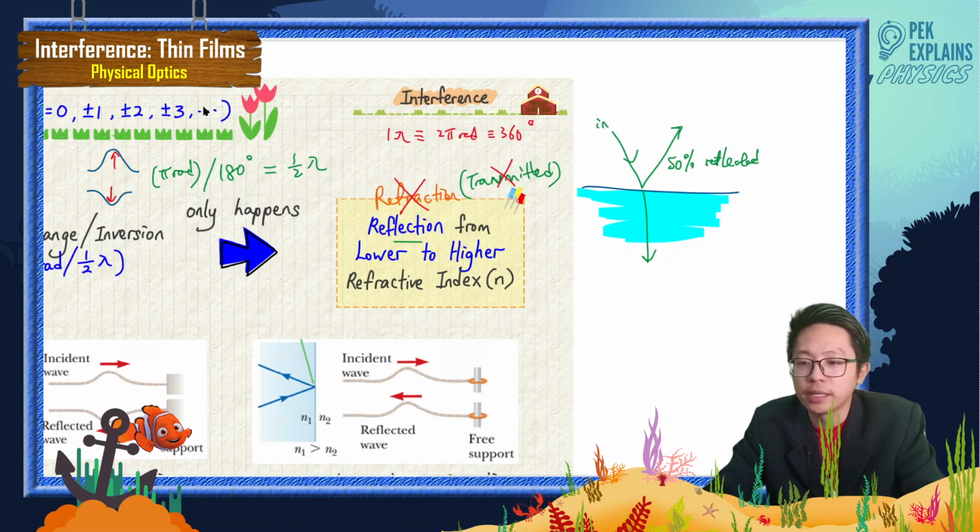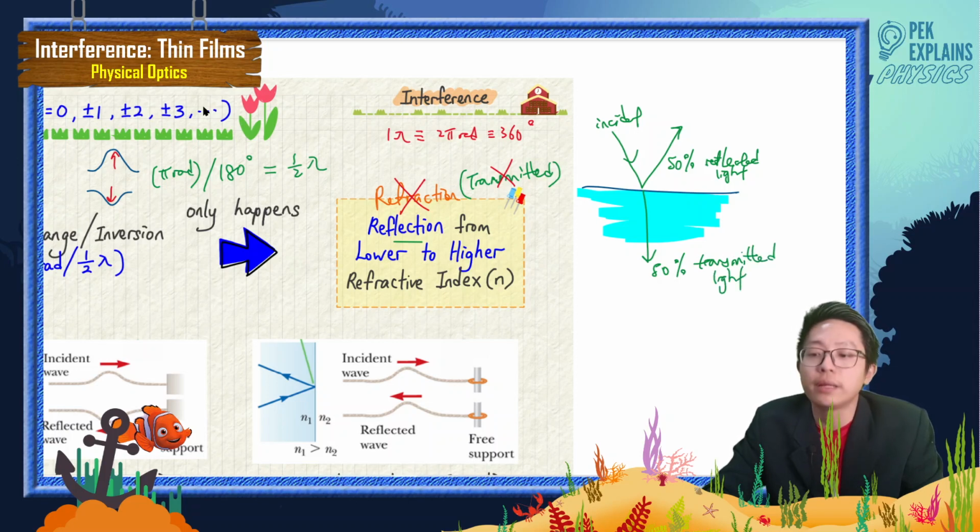This is the incident light. 50% is reflected light. 50% is actually transmitted light. Transmitted means the refraction one. This is from medium 1 going to medium 2. So these are two mediums.